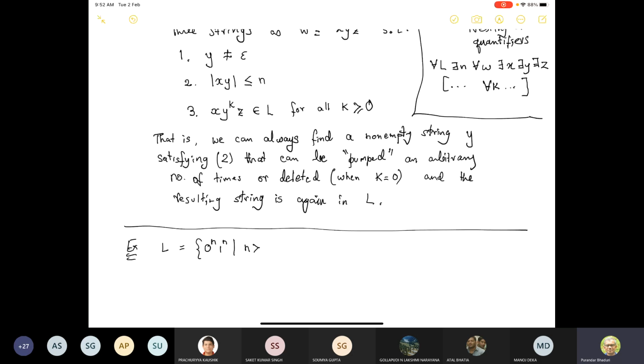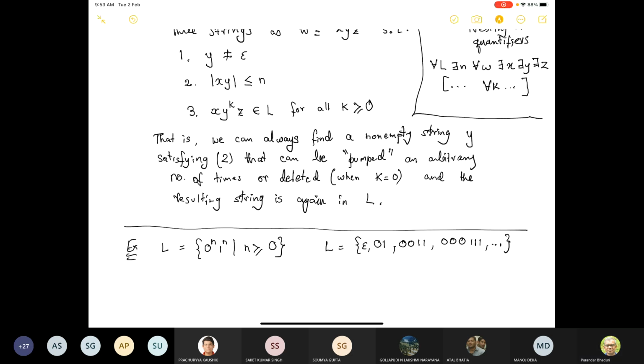And we can take n greater than or equal to 1 or 0, it doesn't really matter. Okay, so L is epsilon. If it has 1 zero, it'll be followed by 1 one. If it has 2 zeros in the beginning, it'll have 2 ones, and so on.